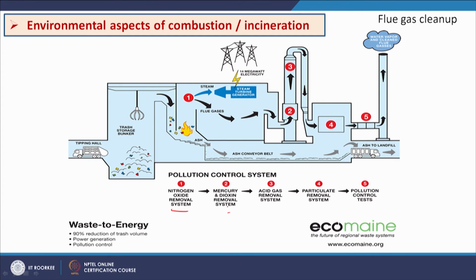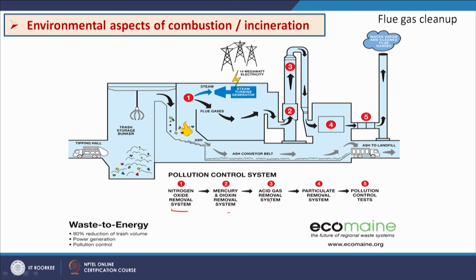If there are some oily greasy materials, those can produce some dioxins as well. So, that mercury and dioxin removal is done here. We have also discussed how to remove mercury and dioxins in our previous chapters. So, those concepts will be applicable here also.